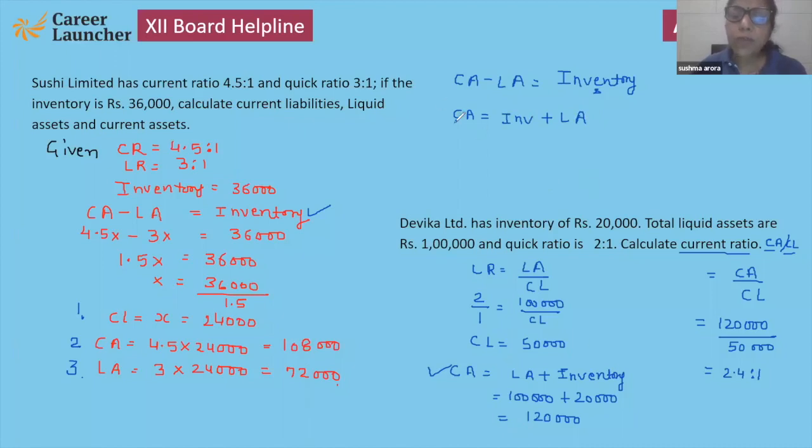If you want to know LA, your answer will be CA minus inventory. So just learn the basic formula, put the values, then you can come to know. Otherwise, you have to learn many formulas. That's why I'm telling you, learn the basic formula and concept. Current asset minus liquid asset, the difference will be treated as inventory and prepaid, because these are not treated as liquid asset. That's why it is to be subtracted.